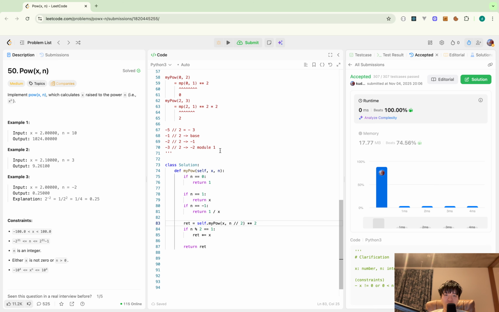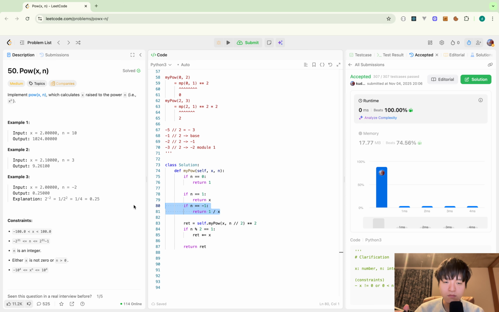And also I have to multiply x again if n cannot be divided by 2, that is, if the modulo is 1. And I had to distinguish the case when n is negative in the base case to avoid it breaking.